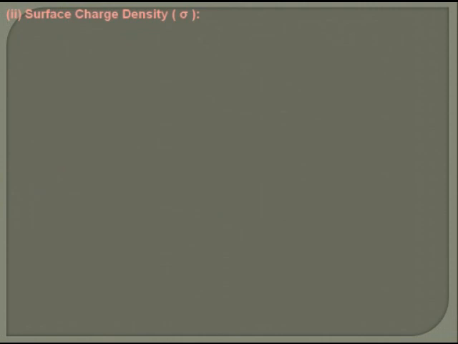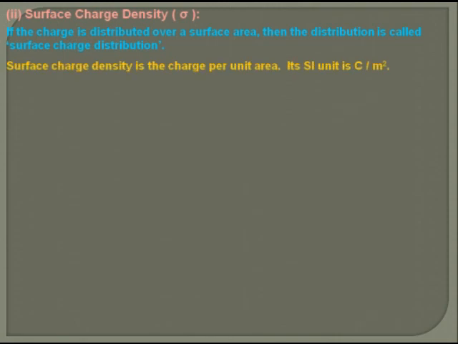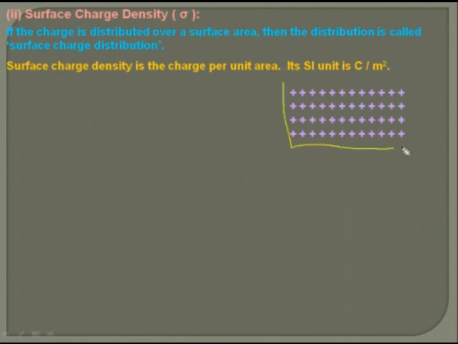Surface charge density is also similar to line charge density, but in this case the charge is distributed over the surface of the conductor. Let us consider we have a surface of a conductor, a lamina or a plane sheet.